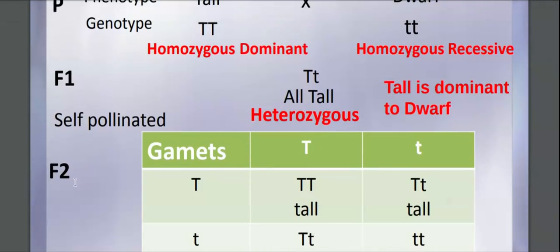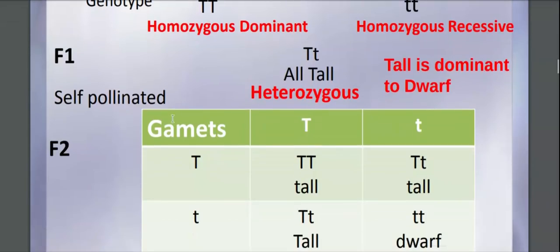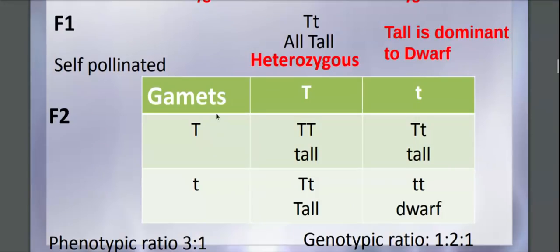But in the F2 generation, which you get by selfing, what happens? This is your Punnett square here. This is a mistake, gametes is a spelling mistake, GAMETES. You have capital T and small t here, and here you have the other parent. Suppose this is the male parent and this is the female parent, then you write the female gametes this side, and the male gametes this side. So what are the different possibilities?